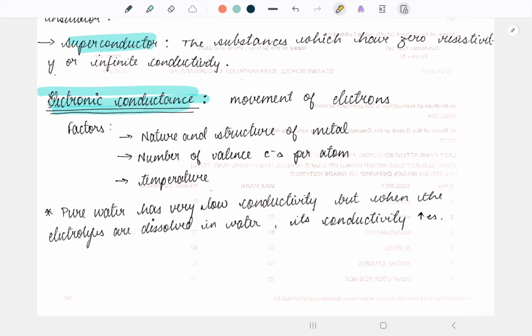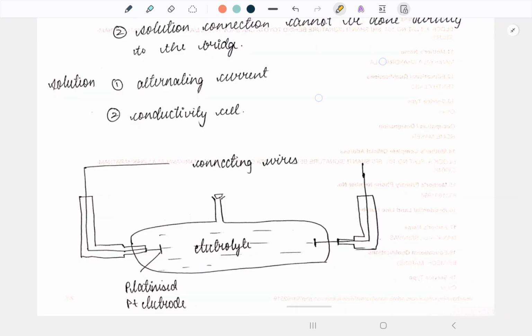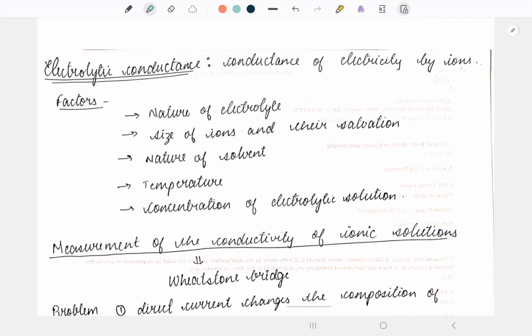Pure water has very low conductivity, but when it is mixed with electrolytes, they furnish their own ions and its conductivity will increase. The conductance of electricity by ions is called electrolytic conductance.